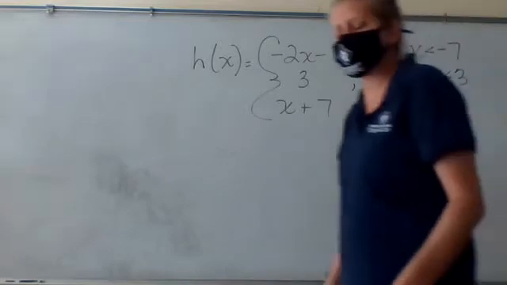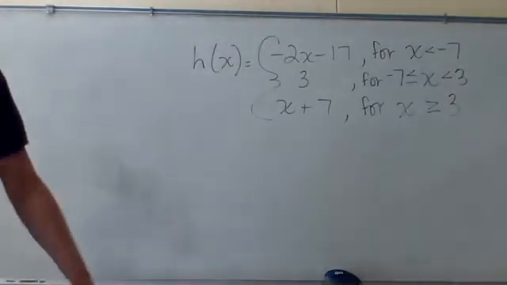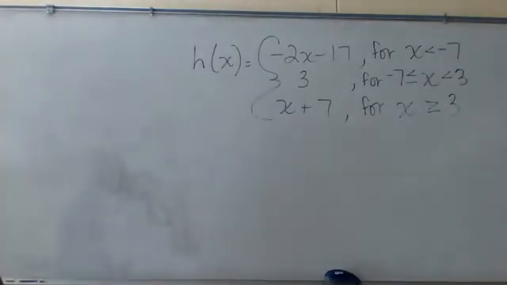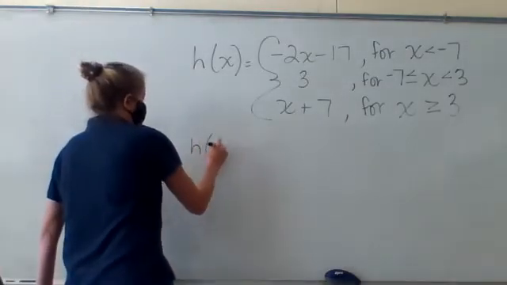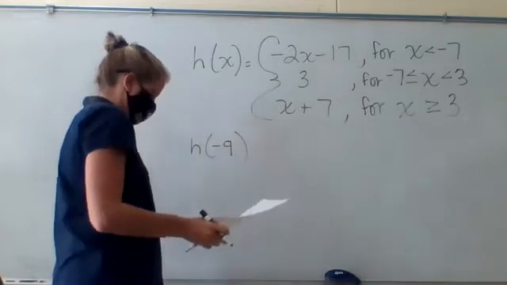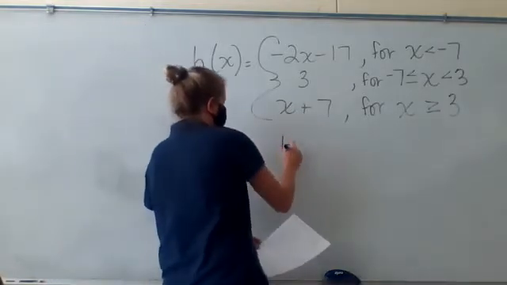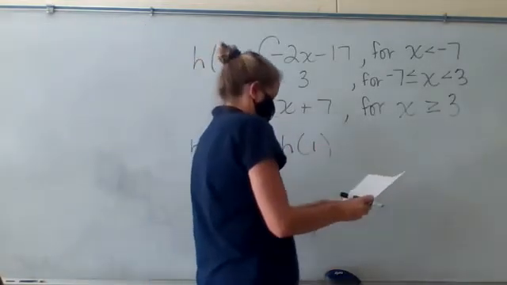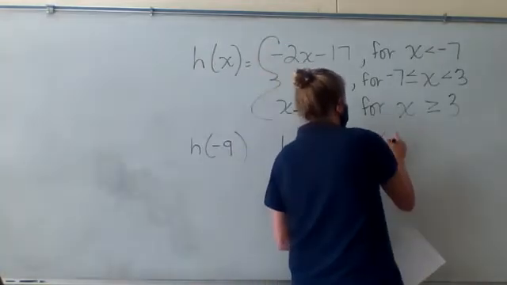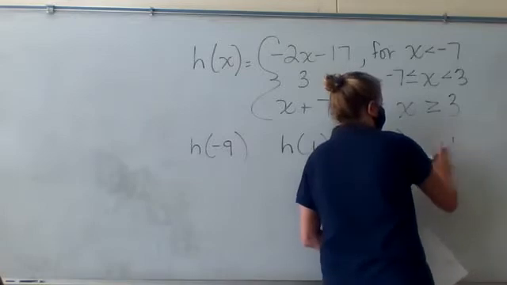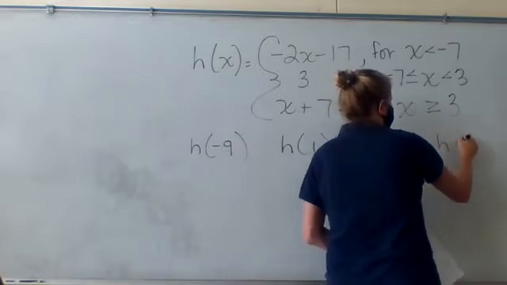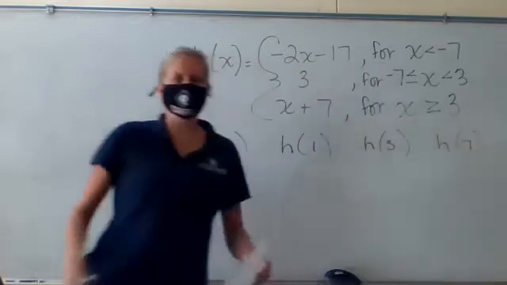So I've got 3 pieces, depending on what your x is. This wants me to find 4 different things. It wants me to find h of -9, h of 1, h of 3, and h of 7. So I'm finding 4 different things.